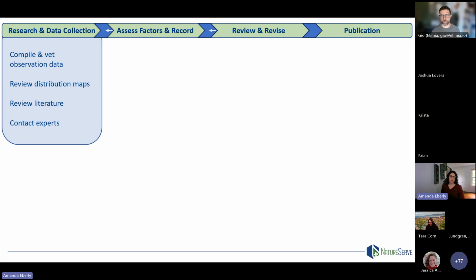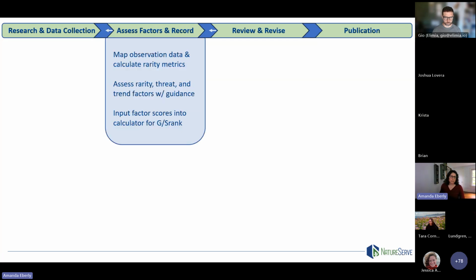The first step, we're compiling and vetting observation data, reviewing maps and literature, and contacting experts. The second step, we map those found observation data and calculate rarity metrics. The observation data combined with literature and other gathered information is used to assess rarity, threats, and trend factors outside of those rarity metrics.